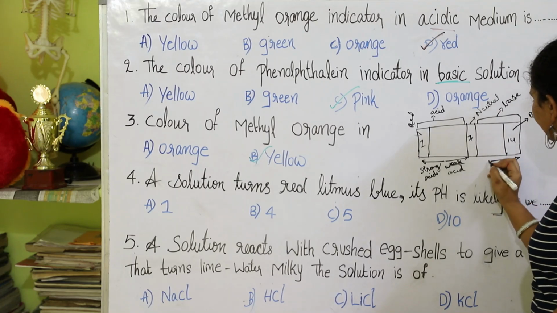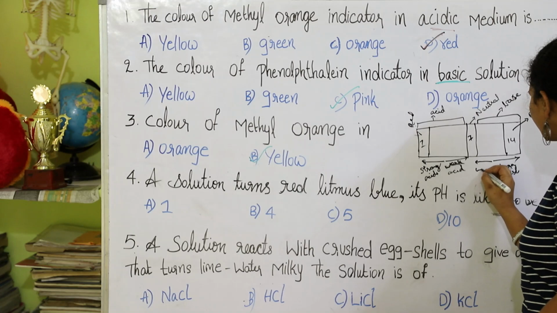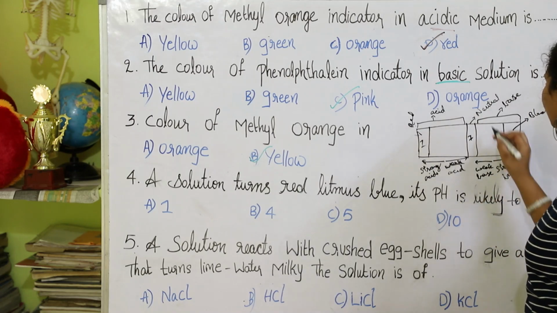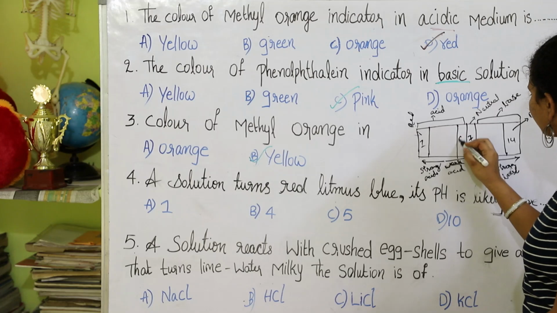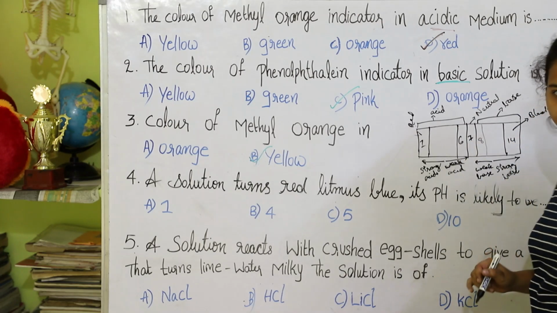On the other hand, this direction shows weak base. Clear? Acids go from 6 to 1, and bases start from 8 to 14, right?